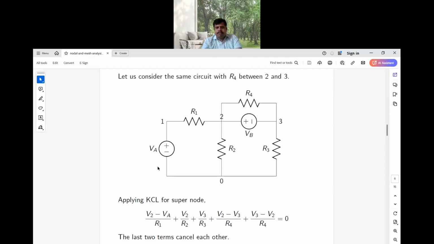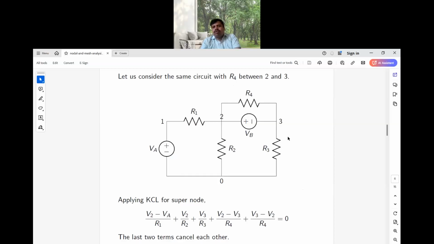In this example, we have a reference node 0 and node 1, node 2, node 3. At node 1 the voltage is VA, node 2 unknown, node 3 unknown, but node 2 minus node 3 voltage is equal to VB.